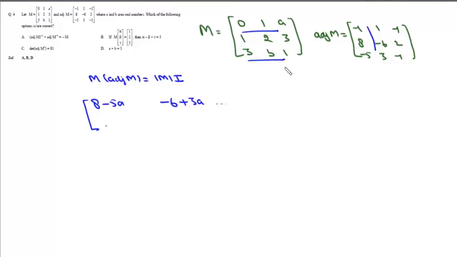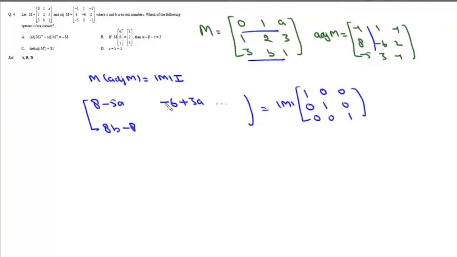So it will be minus 3 plus 8B minus 5. So there will be 8B minus 8, and it will be equal to determinant of M into [1, 0, 0; 0, 1, 0; 0, 0, 1].